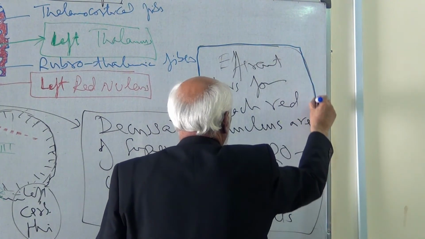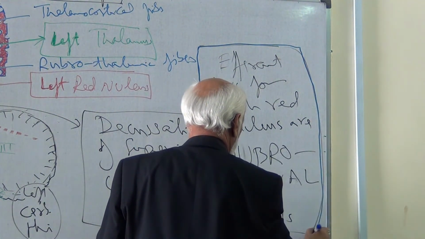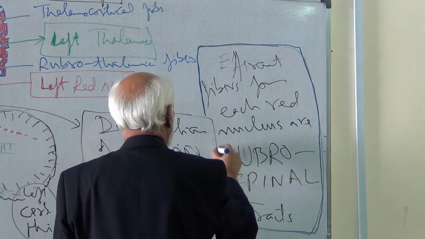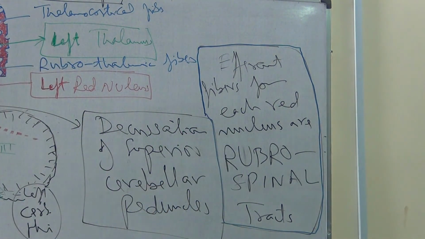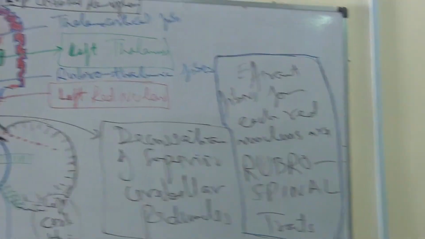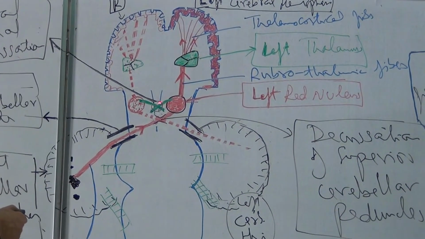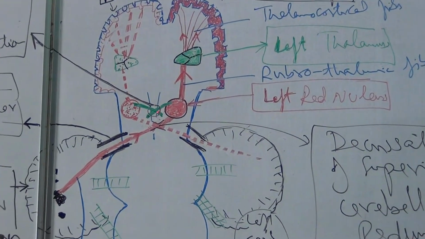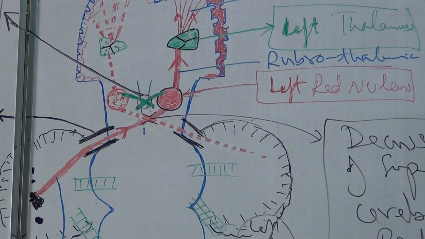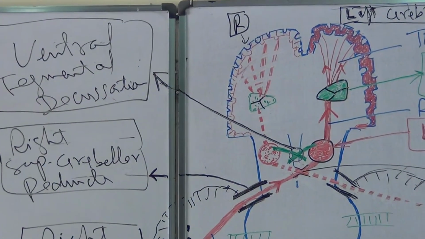From each red nucleus, efferent, outgoing fibers arise, which before descending cross in the upper part of the midbrain between two red nuclei as another decussation known as the ventral tegmental decussation.